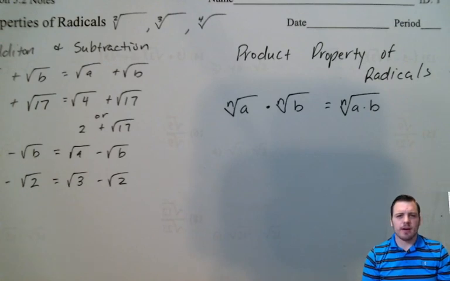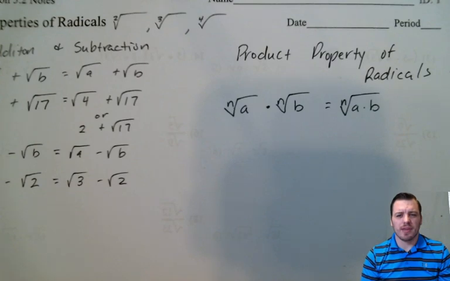So radical A times radical B is just simply multiplying both of the insides together.